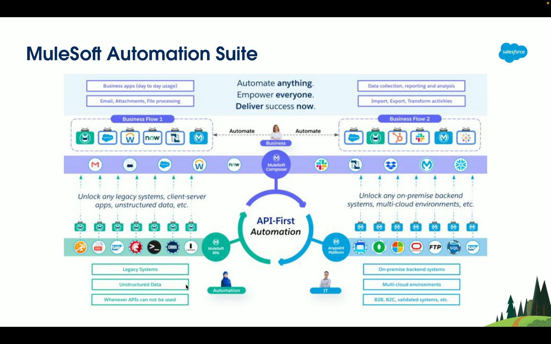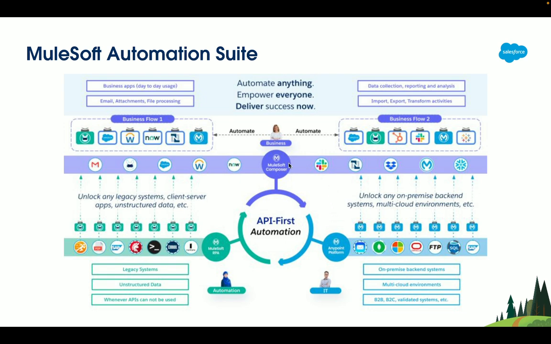So this is the entire picture of your MuleSoft Automation Suite. If you have a closer look, we have Anypoint Platform. And as people may know, Anypoint Platform was the very first product released by MuleSoft, which provides us an ability to connect and integrate multiple systems at scale.